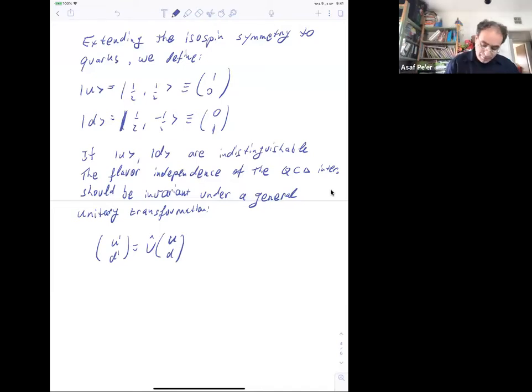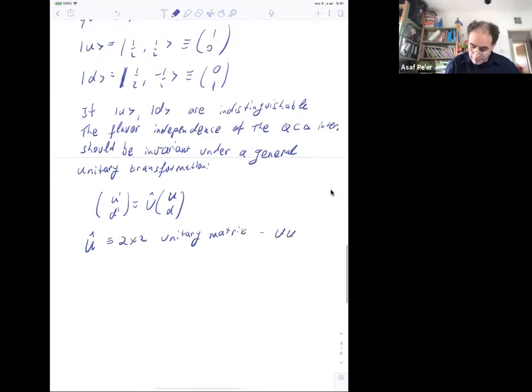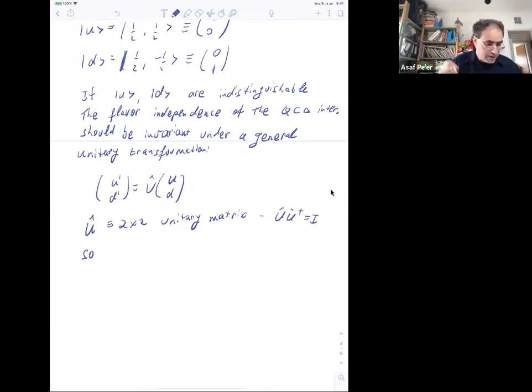U is a 2 by 2 unitary matrix, so U dagger U is the identity. I can always write it in the form of an exponent.